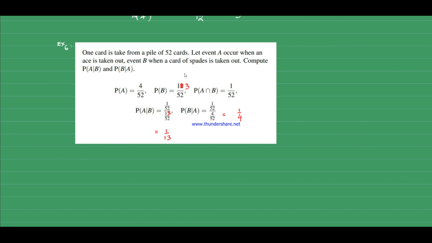We have x, we have 2, 3, 4, 5, 6, 7, 8, 9, 10, jack, queen, and king of spades. So totally 13. It's not 12. Okay. All right.